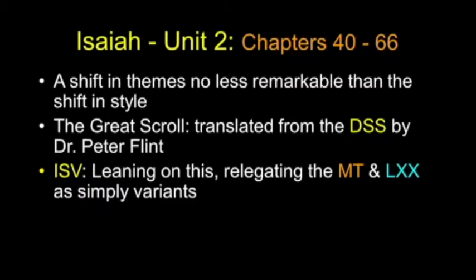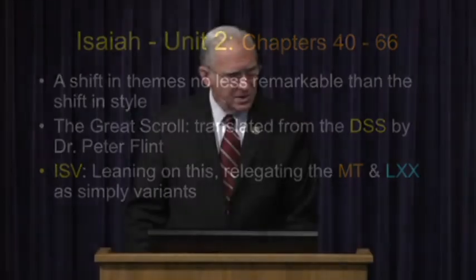The ISV relegates both the Masoretic text and the Septuagint as variants. It's a very unusual undertaking. We will confine our exegetical and expositional comments to the King James Version, as we always do. But it'll be our style to look at the ISV first to get the flow, the feeling of the passage.